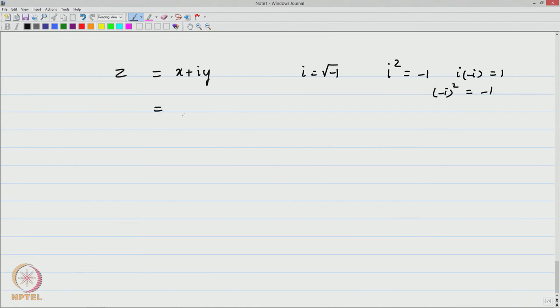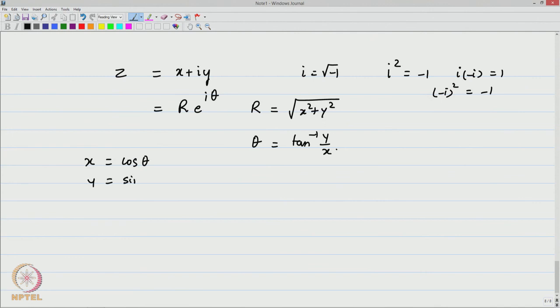And you also know that this is usually written as r e to the i theta, and r therefore is square root of x square plus y square, and theta is tan inverse y by x. And that comes from the representation that x is equal to r cos theta and y is equal to r sin theta.